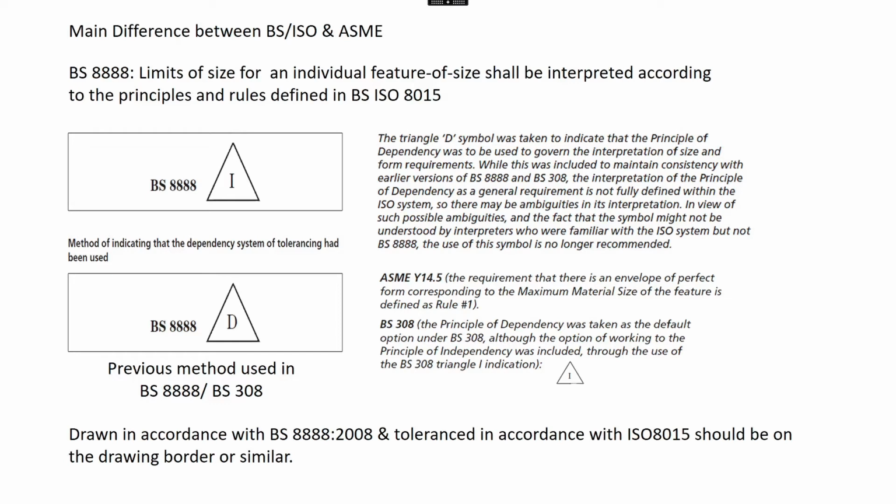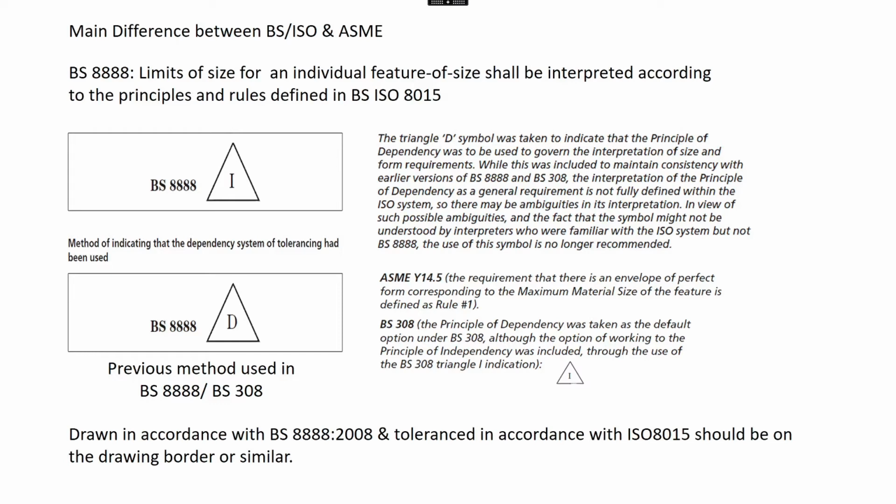Now the triangle with a D in it, the system of dependency, is basically using an envelope rule. It's an envelope of perfect form at maximum material. So what does that really mean? It means that the hole, when you've got the most material in there, has to have perfect form. It has to be perfectly round, and it has to have perfect cylindricity, so roundness over its length.